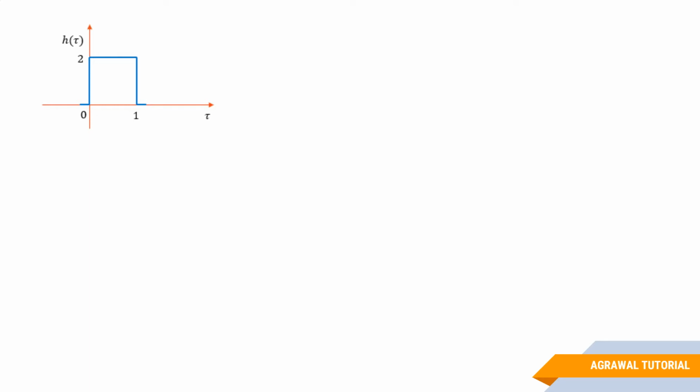And what is the effect of multiplying tau by minus 1? The signal gets flipped along the vertical axis. So, we get the flipped signal h of minus tau as this.